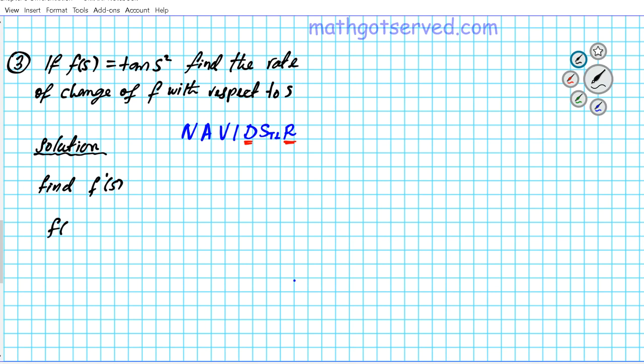So f of s is tan of s to the fourth power. Okay, now we're going to use the chain rule here. Let's decompose the function. The outer function f of s is tan s, and then the inner function g of s is s to the fourth.